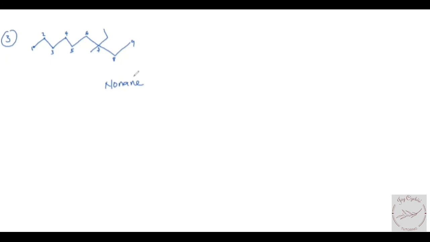The next thing we have to then do is to look at the attached groups. So is this numbering correct? No, it is not. So that's another thing we need to consider, is that at this end, we are going to give 7 to this, which is wrong in naming.